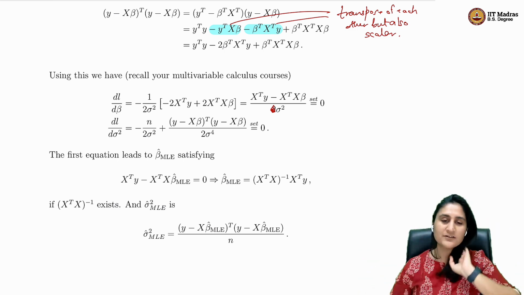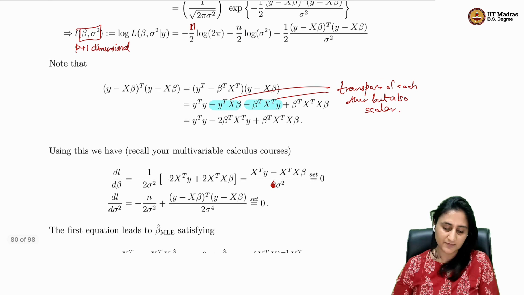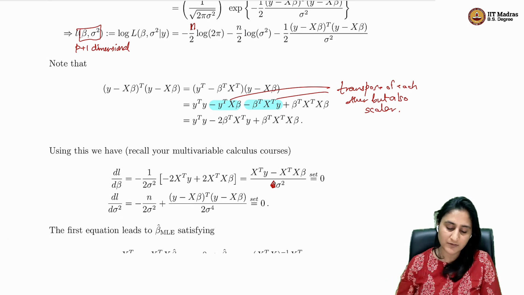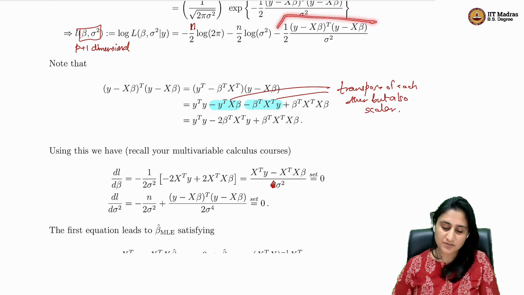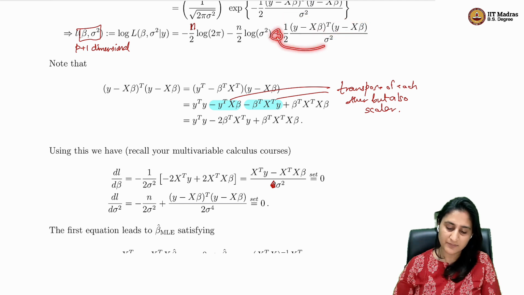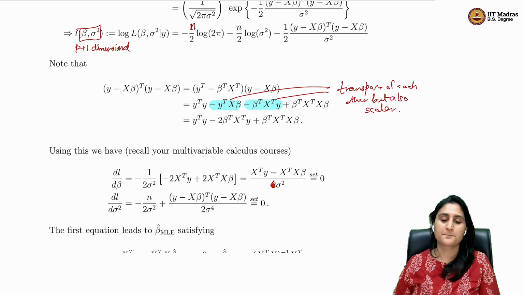And now taking derivatives with respect to sigma squared is fairly straightforward because it's just a scalar quantity. So over here, this part again is 0. This is minus n by 2, then 1 by sigma squared. And this thing is just a constant as a function of sigma squared. So I just get the negative with the derivative of this thing becomes a positive, and I get 1 by 2 sigma to the power 4.